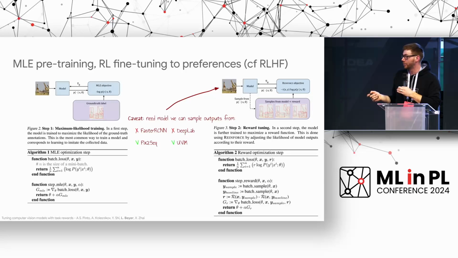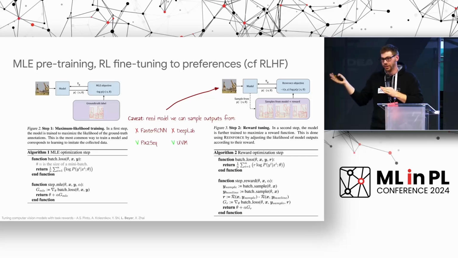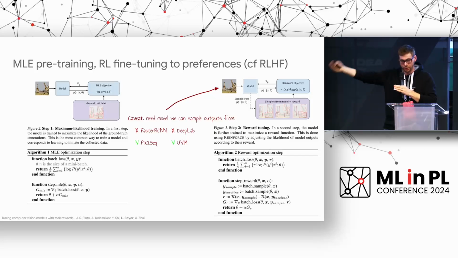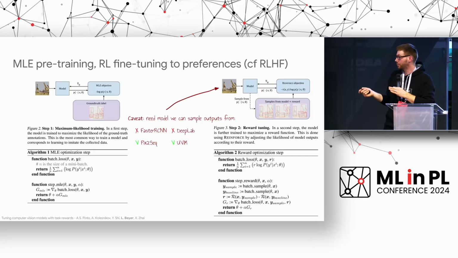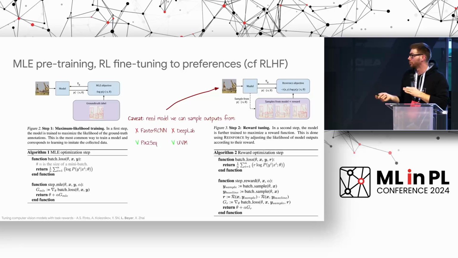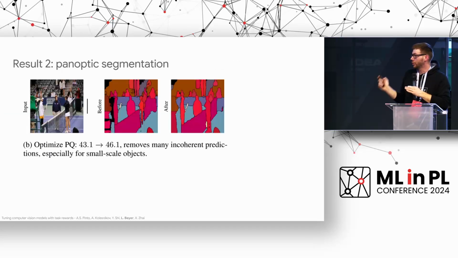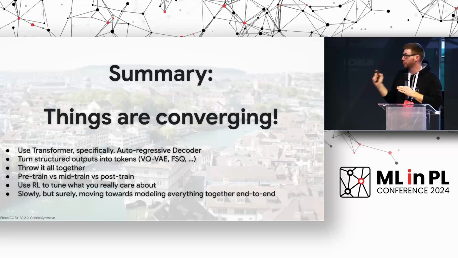In vision, only with the appearance of these VLM style models, where it's very natural to sample multiple outputs, can we do this. The classic vision models, Faster R-CNN, DeepLab for each individual task, couldn't sample multiple outputs, so RL tuning wasn't even a question or an option. Yeah, and that improves them a lot, but I will stop here.